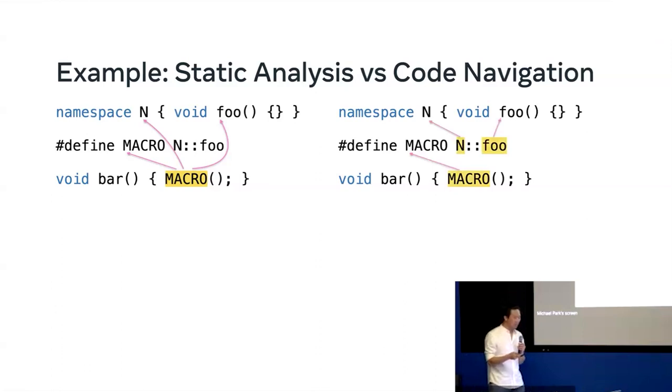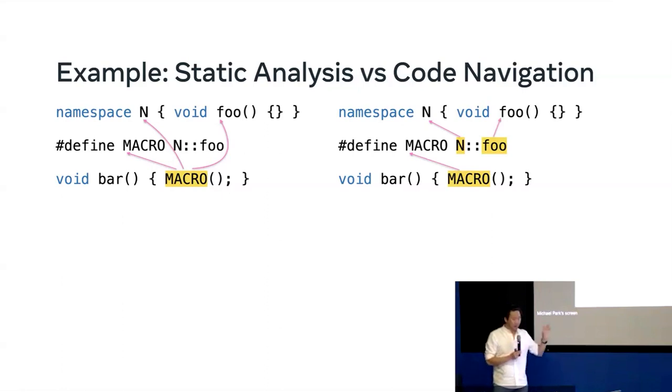And so code navigation really wants to do something different, where you want to click on foo and go to foo, even if it's within the macro, depending on how it's used, right? And so there's this desire for different clients, even for the same language, that want quote unquote the same data. Like, I just want cross references from C++. You still want slightly different cross-references depending on what you're building.